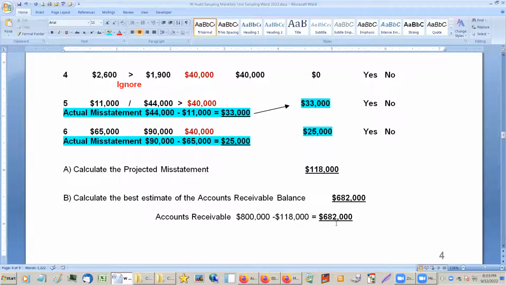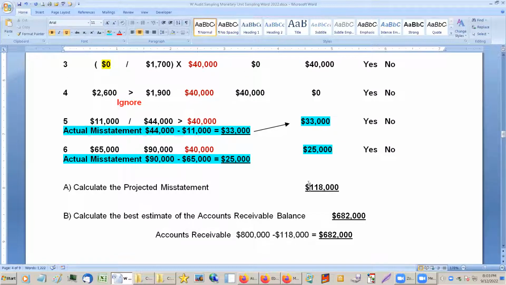Okay, so our best estimate, so this is a rejected misstatement. So our best estimate as far as what the projected value would be is 682,000.